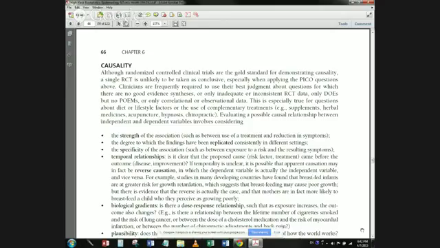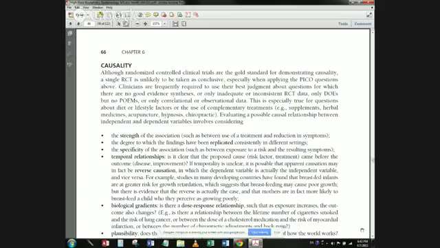Clinicians are frequently required to use their best judgment about questions for which there are no good evidence syntheses, or only inadequate or inconsistent RCT data, only DOE but no POEMs, or only correlational or observational data. This is especially true for questions about diet or lifestyle factors or the use of complementary treatments, for example, supplements, herbal medicines, acupuncture, hypnosis, chiropractic.